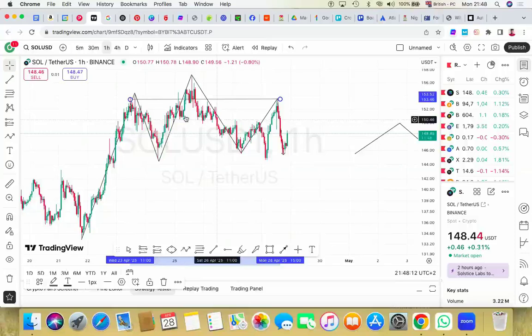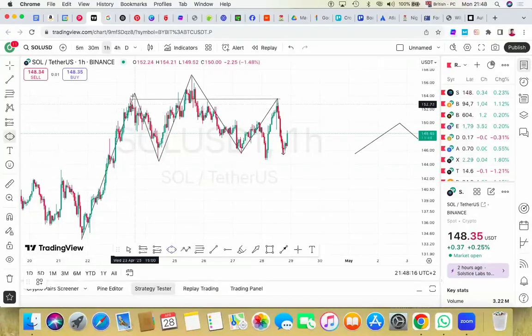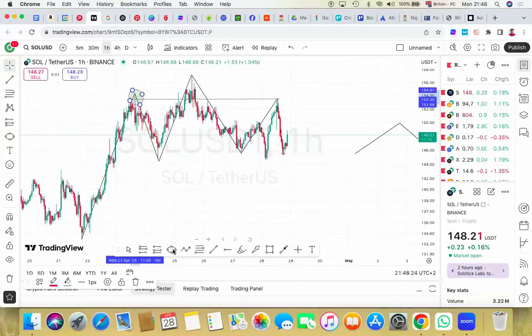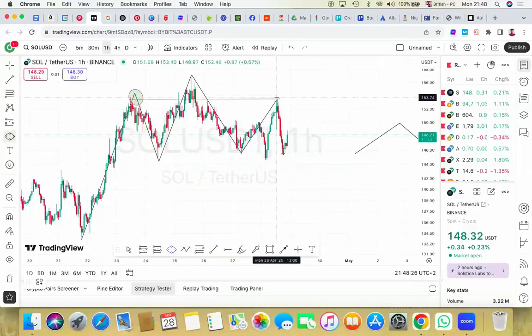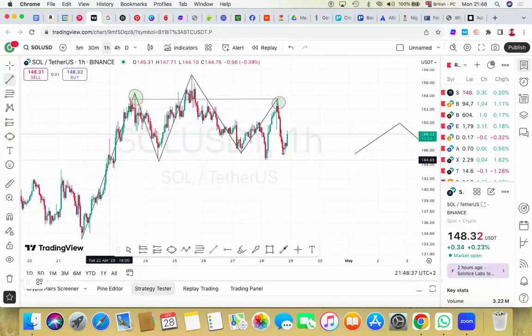So this is a clear head and shoulders pattern. If you were trading using price action, you would see that we taught this here also, but this is a pattern which most traders call head and shoulders. So why do they call it head and shoulders? This is a clear indication at times for a clear trade for some traders who trade price action.